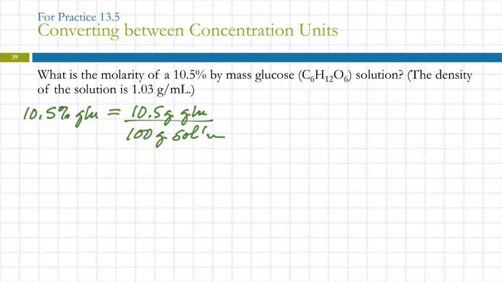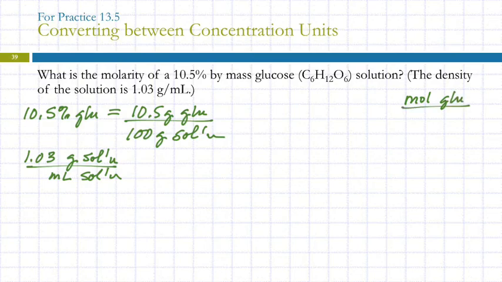And then we've got a density, 1.03 grams per milliliter. That's the density of the solution, so that's grams of solution per milliliter of solution. And what do we want to find? Molarity. Molarity would be moles of glucose per liter of solution.